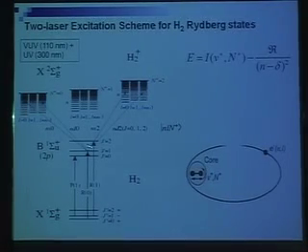And what you can see is that from this level here, we can populate states with N+ is 0 and N+ is 2. In fact, principally, the states we see are N+ is 2. And these energy level spacings here are just the difference of the rotational energies of the H2+ ion.